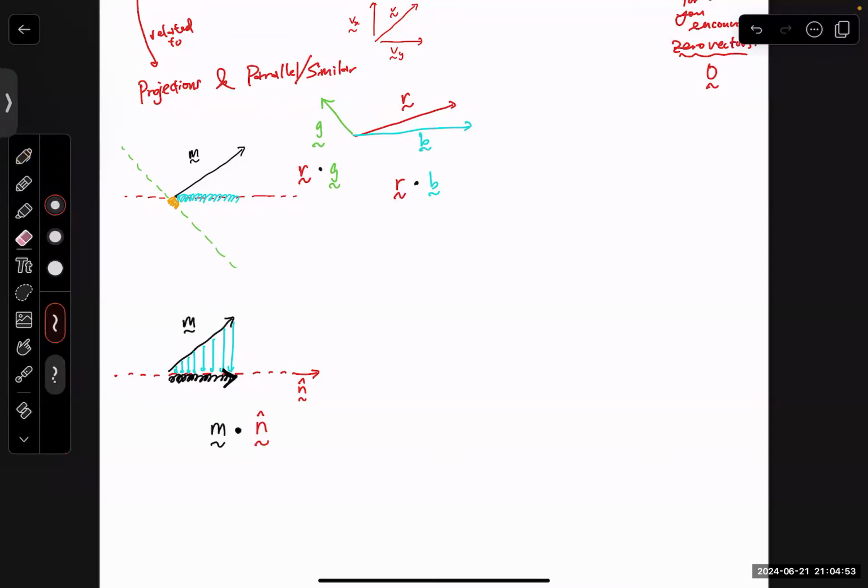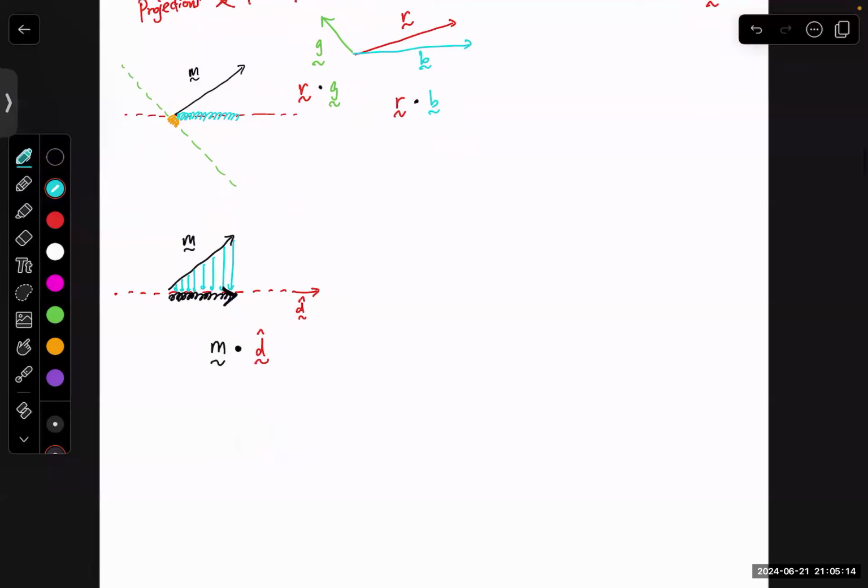Maybe I change the letter so that it's easier to read. So maybe use a D, for direction. M dot D hat. This is called a projection. When we have this projection, we can later on do things like take the modulus of this, or maybe try to find the angle between them.